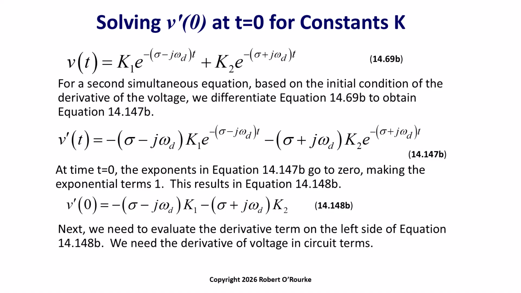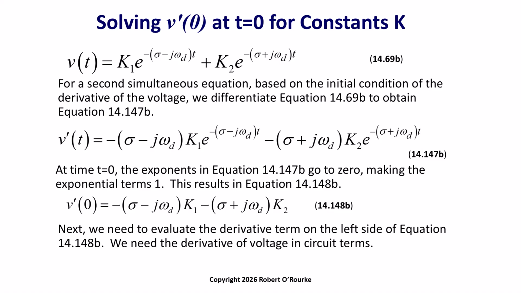Then evaluate v prime of t equation 14.147b at time t equals 0. The exponents of e all go to 0, making the exponential terms reduce to 1, as shown in equation 14.148b.